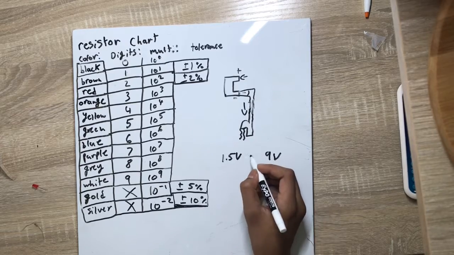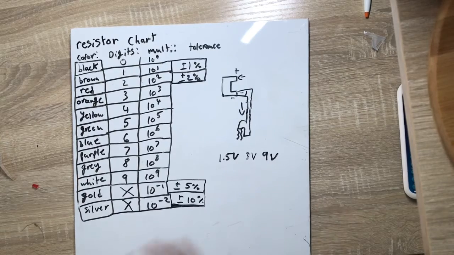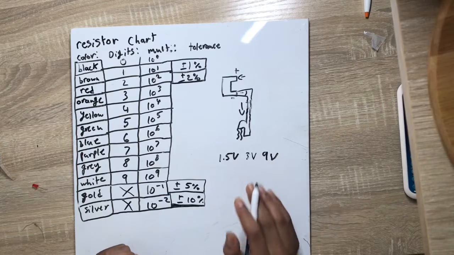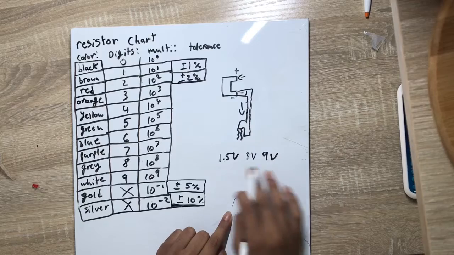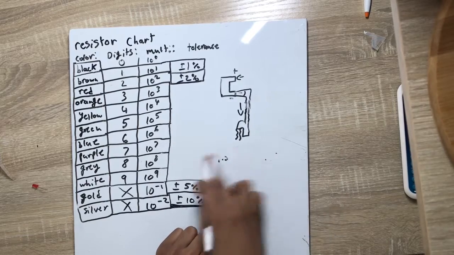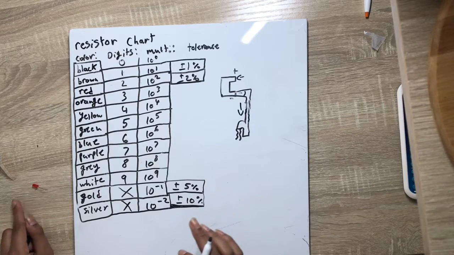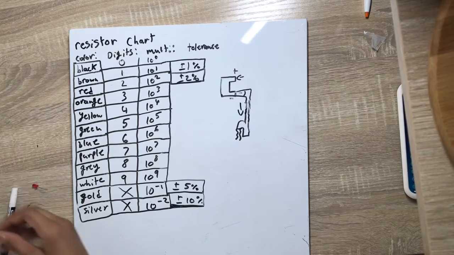There's also in the middle those 3-volt lithium batteries, and there's a big range of batteries here. So what we want to do is use these resistors to control the flow of electricity. The problem is, if we have so many different voltages, we need a lot of different resistors so that we can control the electricity to a certain point. And that's why we have tons of different types.